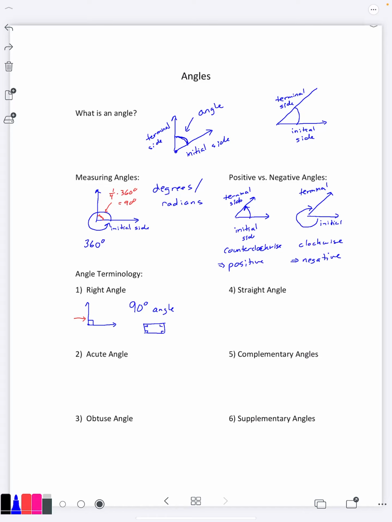The next one is an acute angle. An acute angle is anything that is going to be smaller than 90 degrees. So, smaller than 90 degrees. That is called an acute angle. Anything that is more than 90 degrees, we're going to call that an obtuse angle.